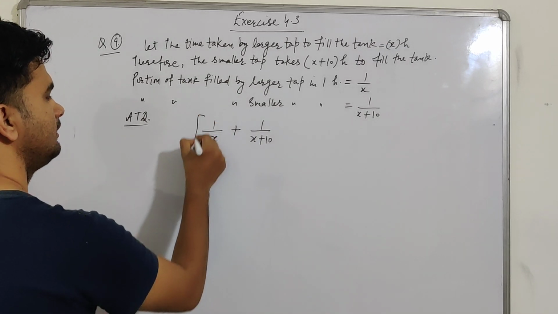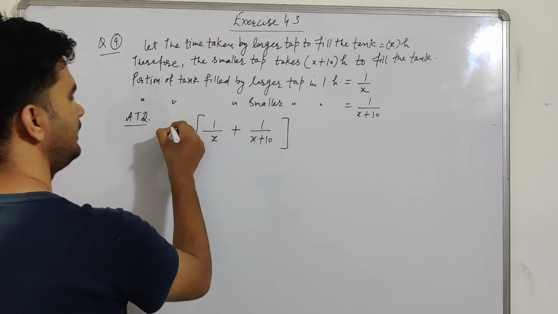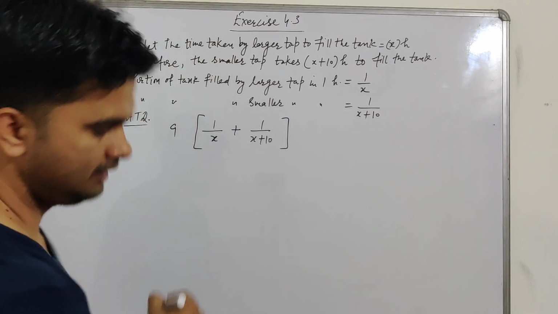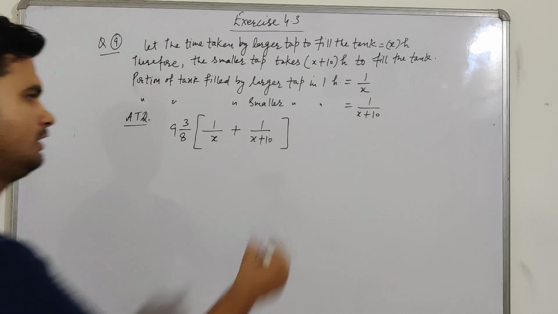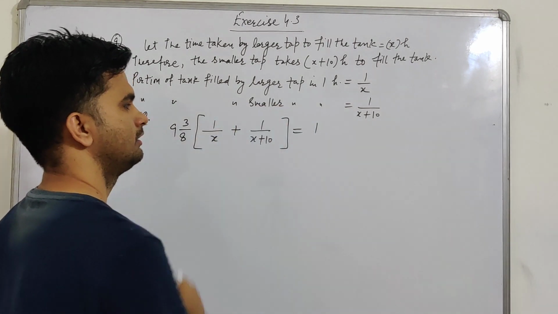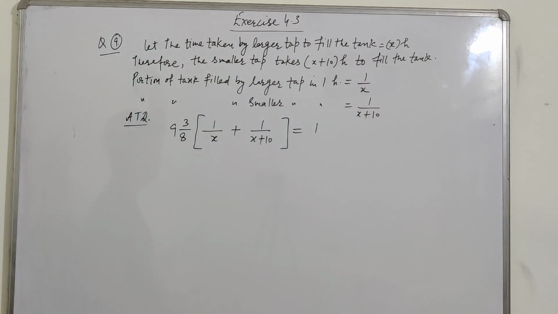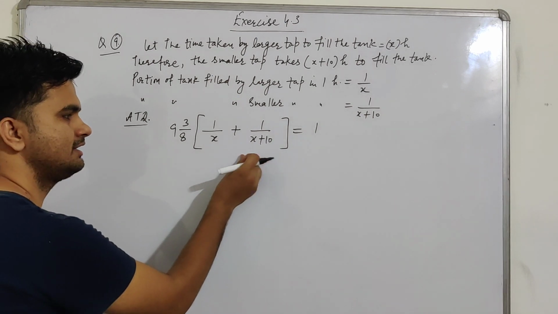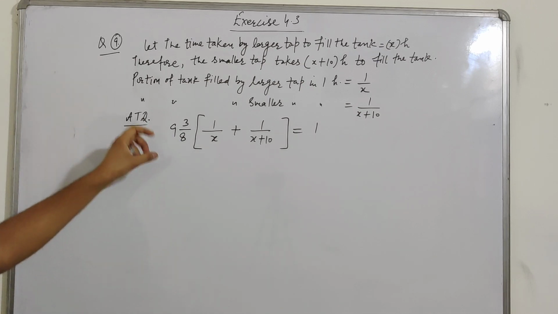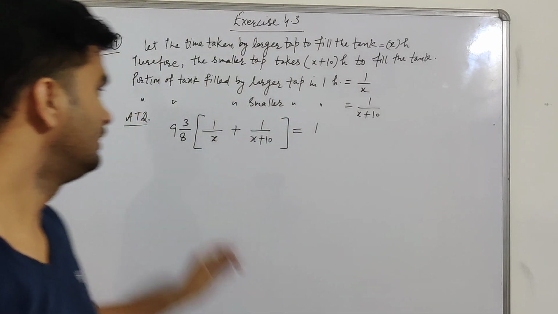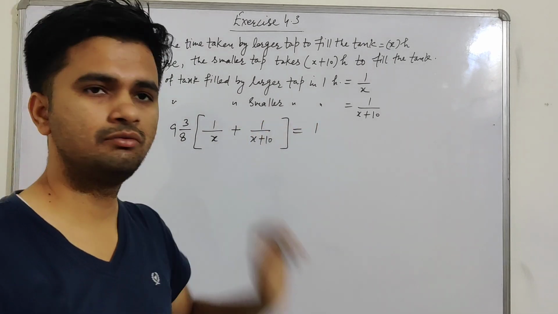And if I multiply it by 9 and 3/8 hours, then our work is done. They will fill the water tank completely within 9 and 3/8 hours. This is their 1 hour work, and I am multiplying it by the total time taken by them. So this is equal to our work done.